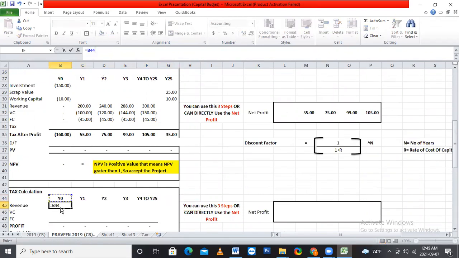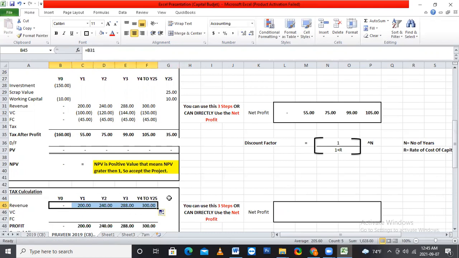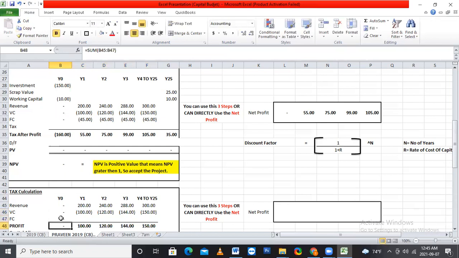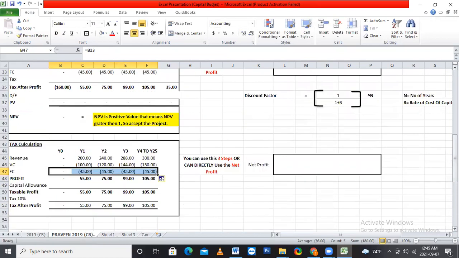Revenue 300, okay. Variable cost 150, okay. Fixed cost 45. Okay.